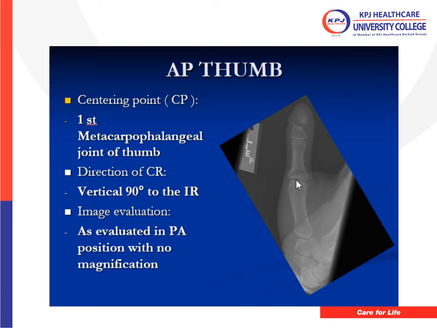You can see the image evaluation is the same as when we did PA. The appearance is about the same, we can see the soft tissue and the bone. There is no overlapping of the tissues between the adjacent parts and no superimposition. It looks like there is a fracture at this place. Just put the marker. This indicates slightly soft but acceptable image quality.